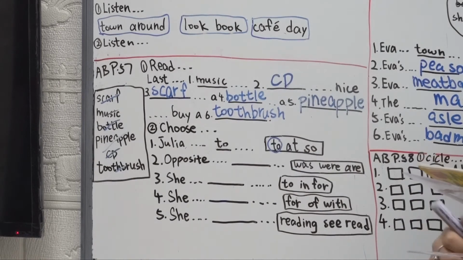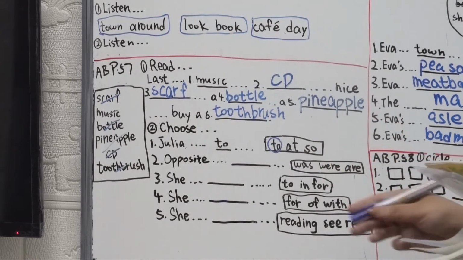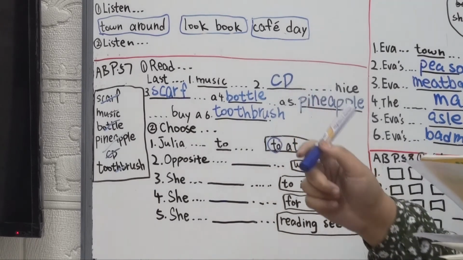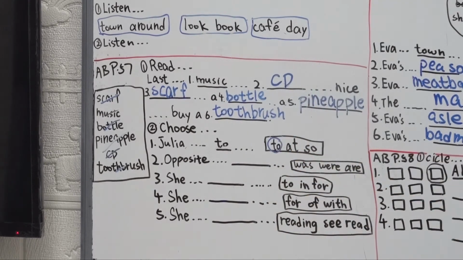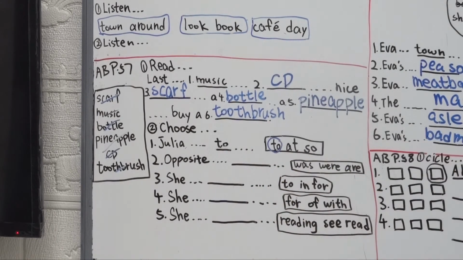Actually, you can answer these questions according to your paragraph, right? So this sentence is in line 1. Last weekend, Julia went to town to buy a toothbrush. Same, right? So the answer is 2. Number 2, opposite the CDs, there space some clothes.